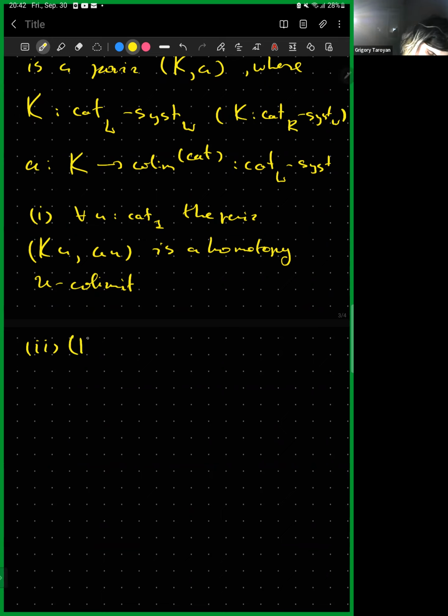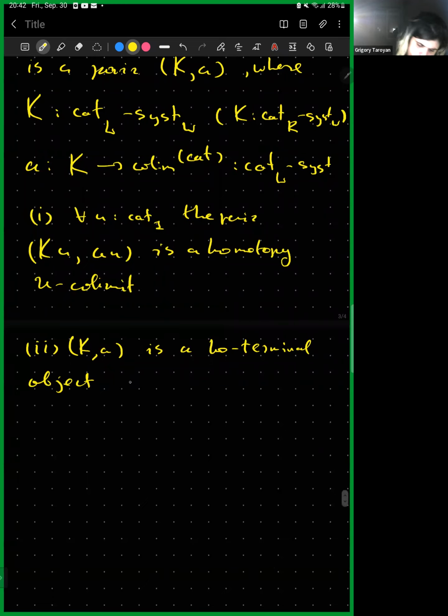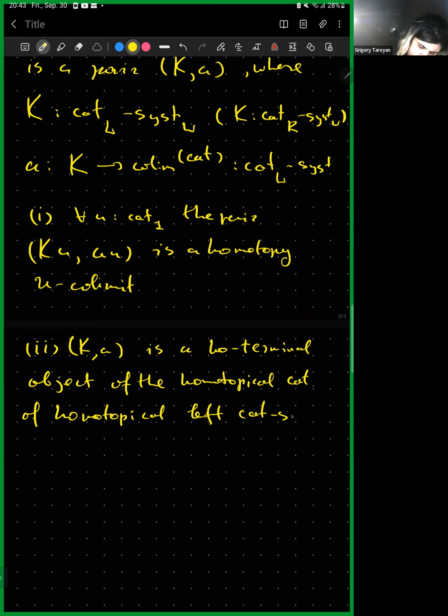And another thing is that K, A is a homotopically terminal object in the homotopical category of homotopical left cut systems on M over the system colim cut. So this can be abbreviated to this.